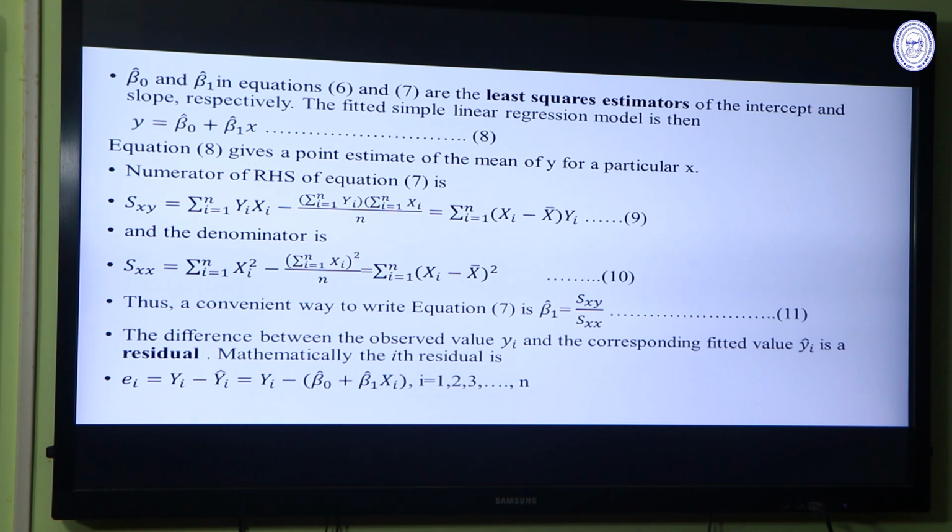It is very important to remember all the notations because otherwise everything will be very ambiguous. So, Ei equal to yi minus y hat i, which is equal to yi minus within bracket beta 0 hat plus beta 1 hat xi. We are just putting the values from equation 8. So, the ith residual looks like this.